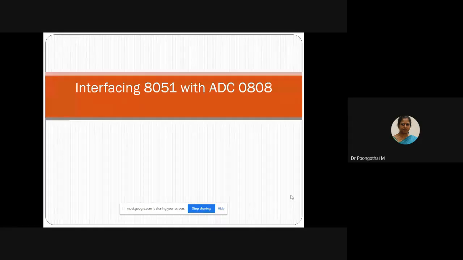So interfacing the 8051 microcontroller with ADC 0808 is our today's experiment.